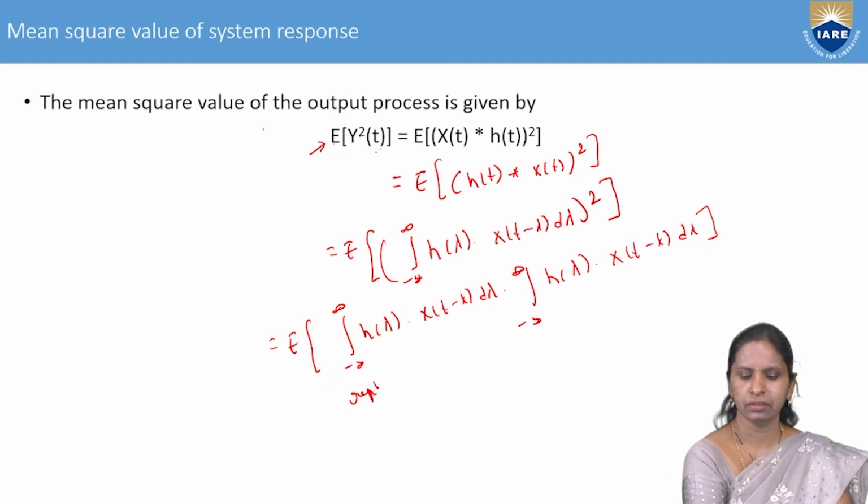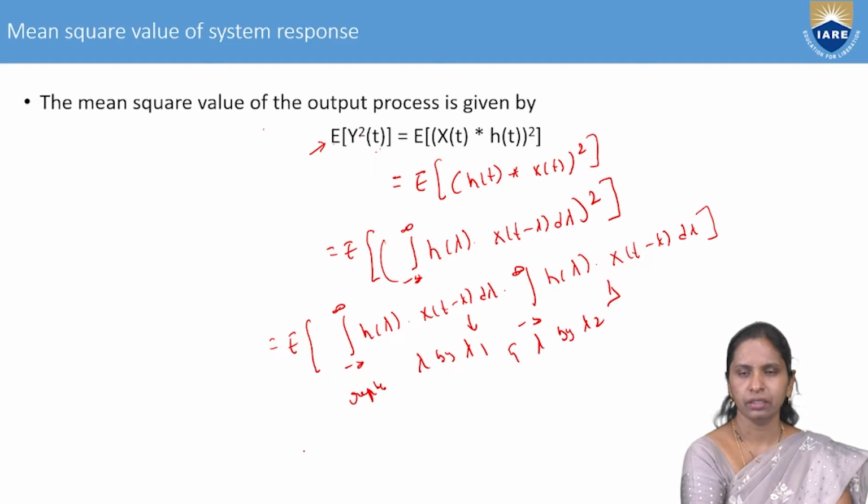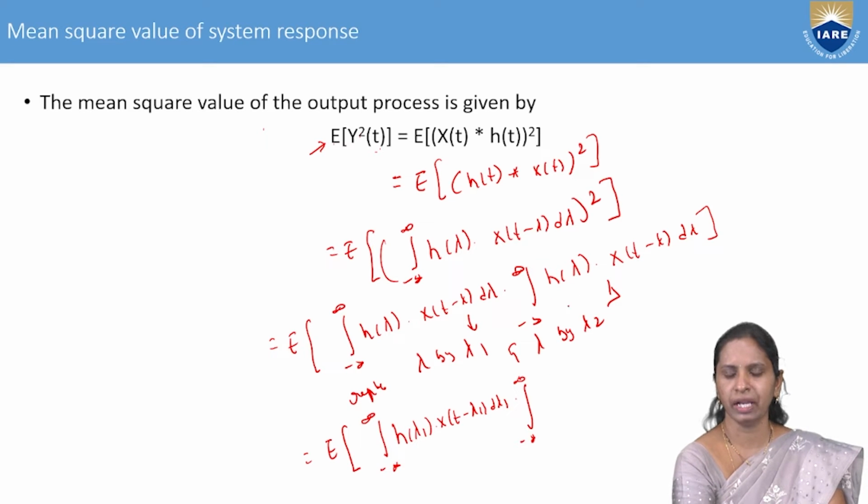Now replace lambda by lambda 1 in the first integral and lambda by lambda 2 in the second integral. Then you can write this as the expectation of the integration from minus infinity of h of lambda 1 x of t minus lambda 1 d lambda 1 into the integration from minus infinity of h of lambda 2 x of t minus lambda 2 d lambda 2.